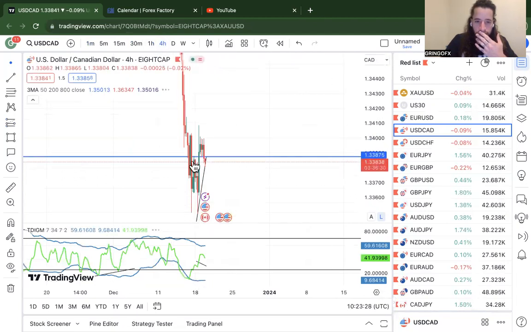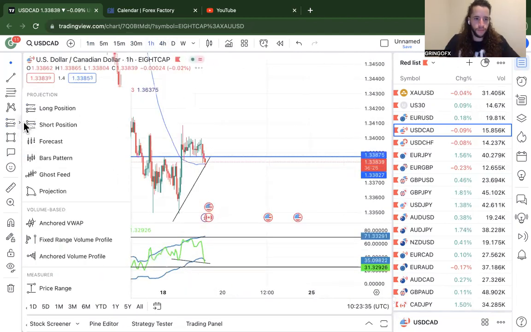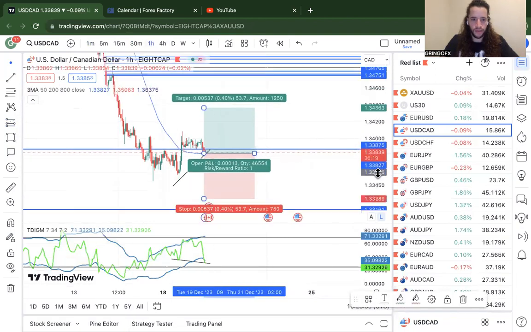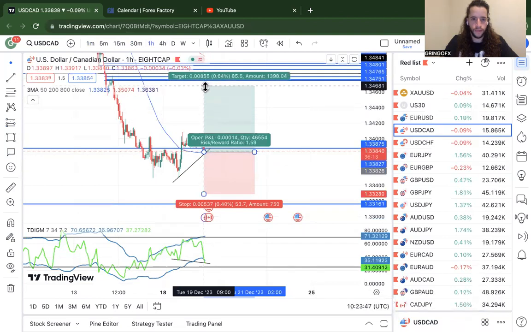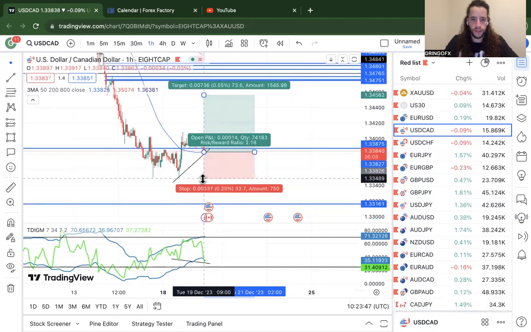It looks like we're getting that break and retest of structure as well on the 4-hour. This actually might be a decent long. I wouldn't be looking for something like this.